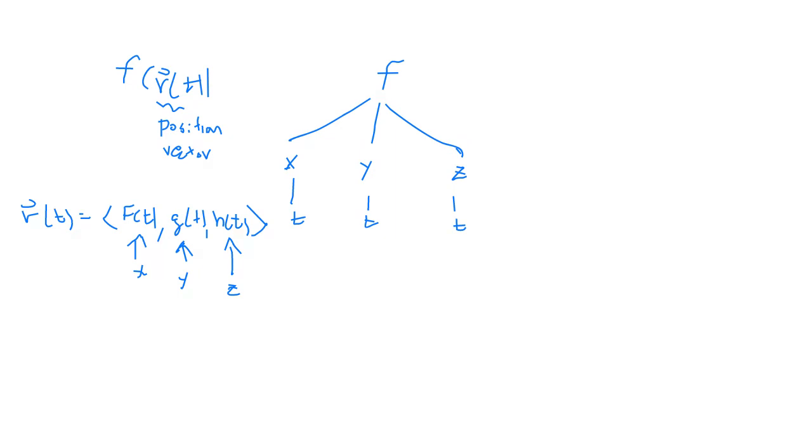If I were to find the derivative of f with respect to t, and that's the same as finding the derivative of f of r of t with respect to t. Okay, then by the chain rule, how many links are there going to be in the chain?